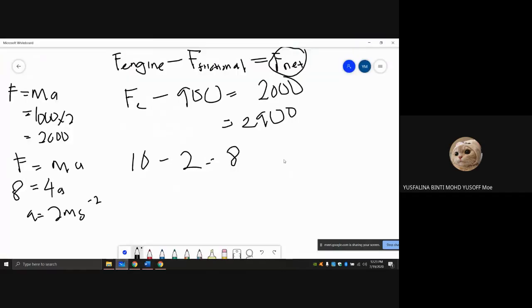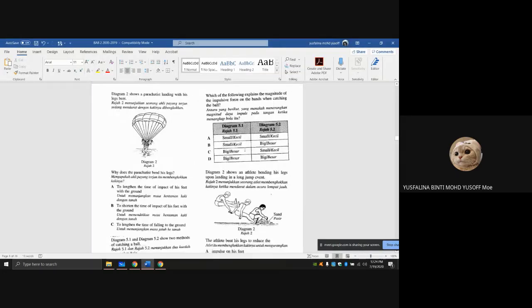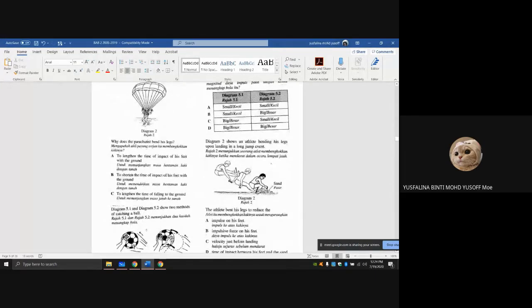The formula for impulsive force is (mv minus mu) divided by t. So if t increases, the impulsive force will decrease. The relationship is inversely proportional. So this one should be higher and this one should be smaller. So the answer is C.